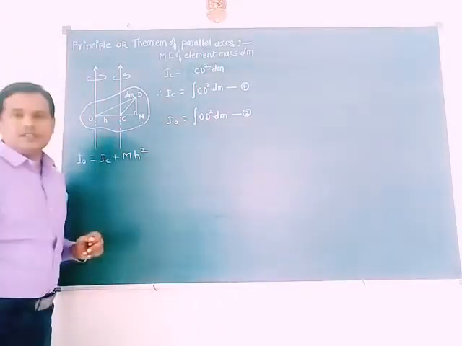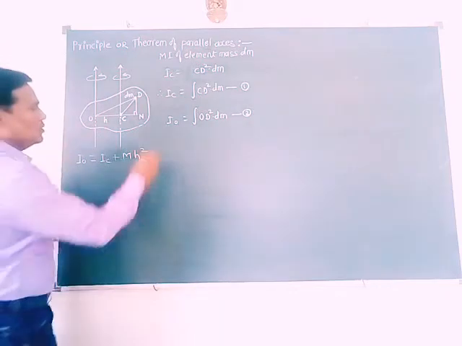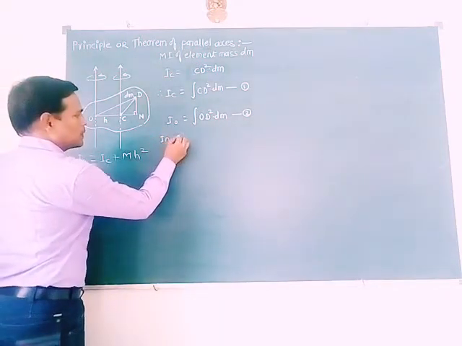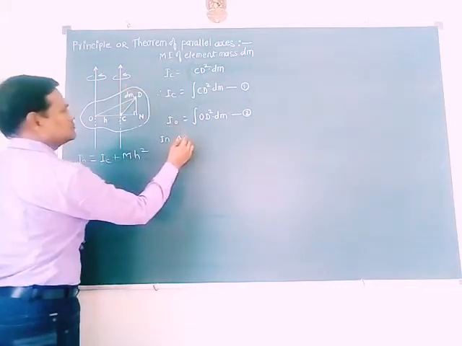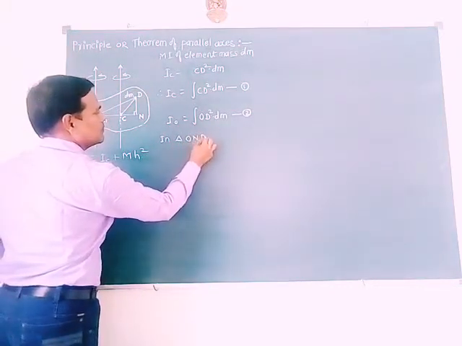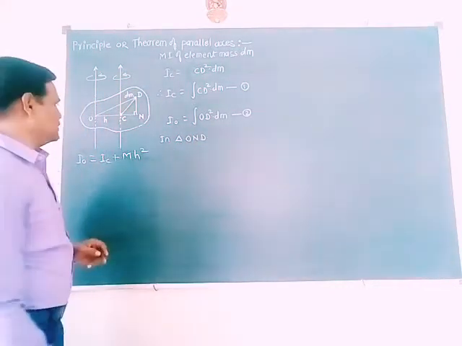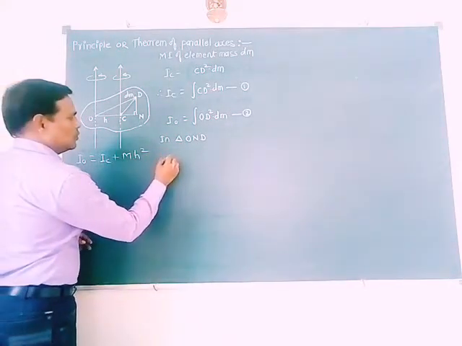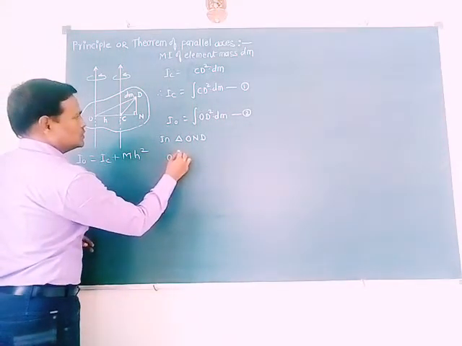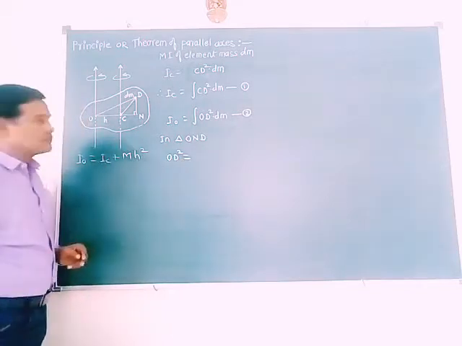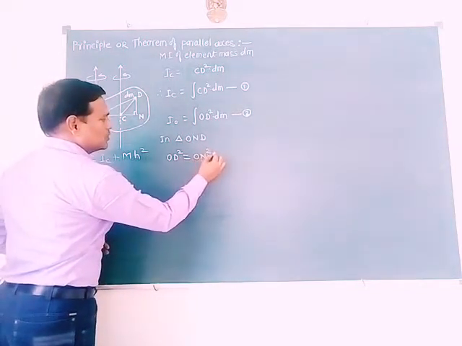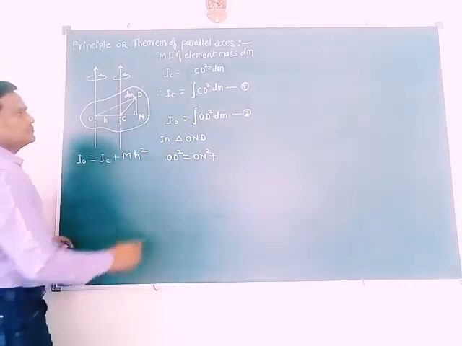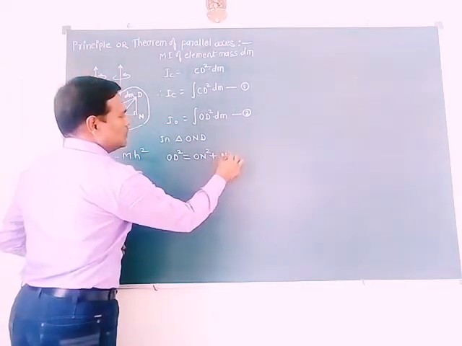Now, in the figure, see here in triangle OND, use the Pythagoras theorem. OD square equals ON square plus ND square.